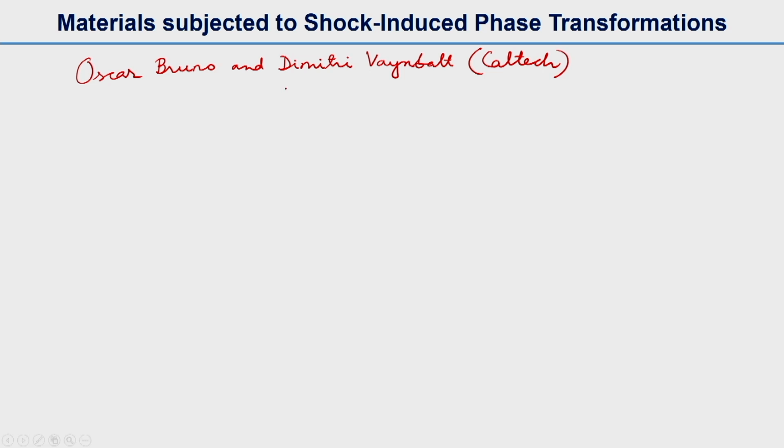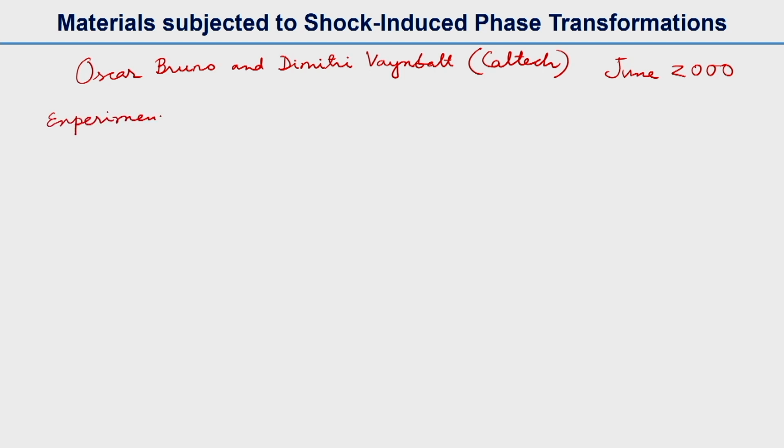That's a technical report published in June 2000, titled Shock Induced Martensitic Phase Transitions, Critical Stresses and Two-Wave Structures that solve the Riemann problem. So this is the reference we will be discussing.